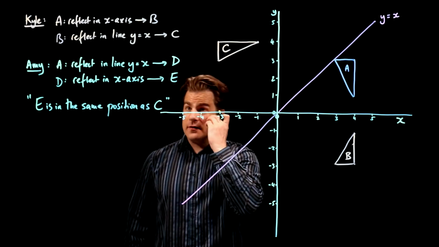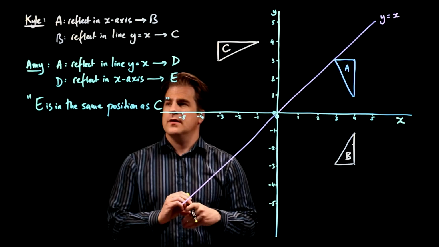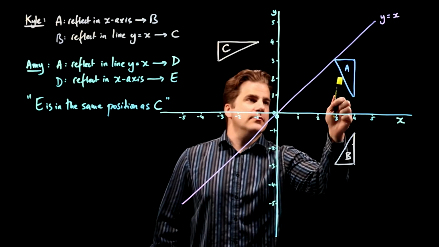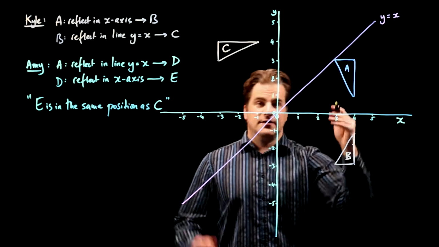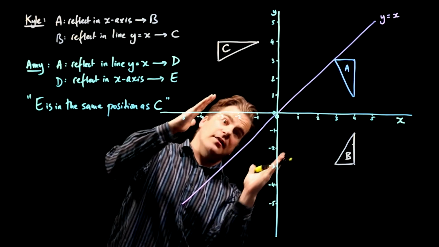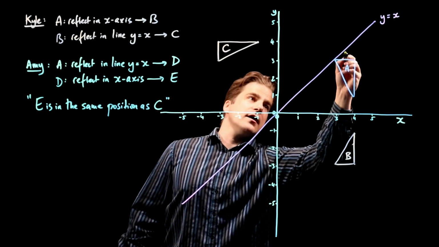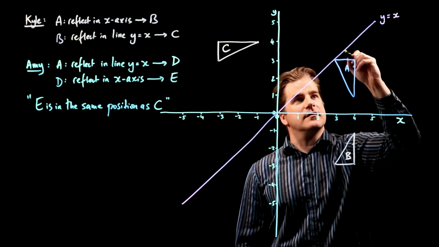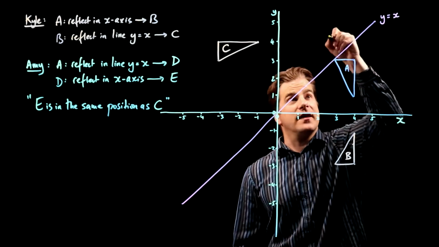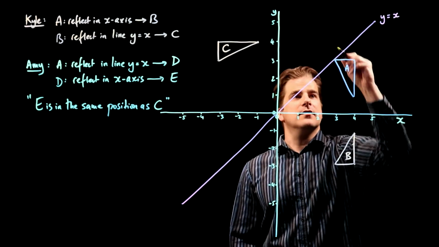So Amy does the reflection in the line y equals x first. So we're reflecting this in this line here. Well, same thing, again, just look at it like this. This point here, reflecting in this line, it's going to be the same perpendicular distance on that side of the line as it is from this one. So it's going to be about here somewhere.